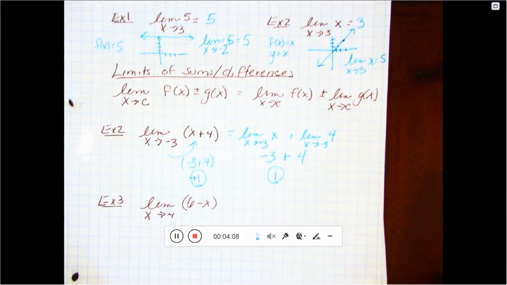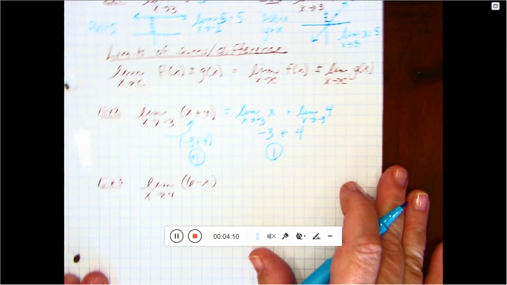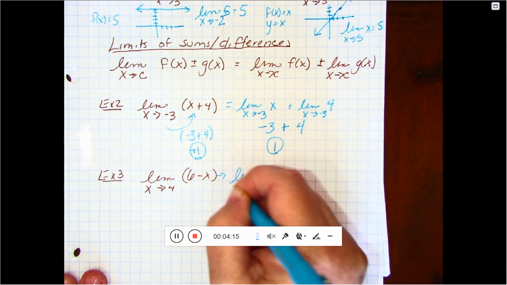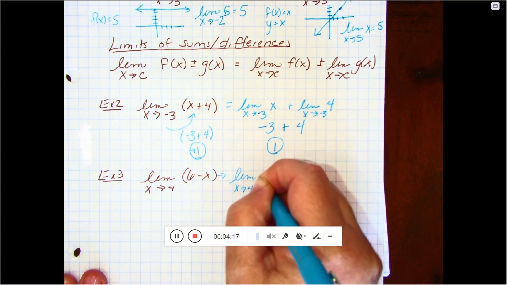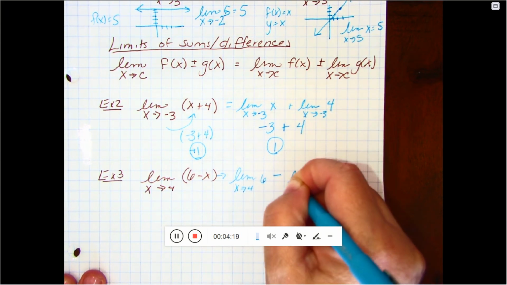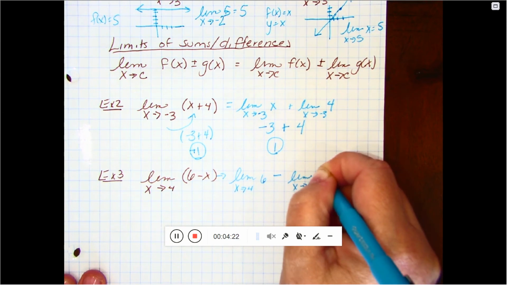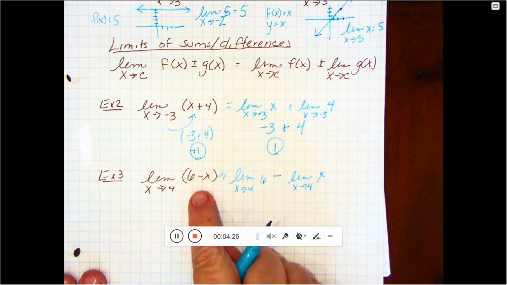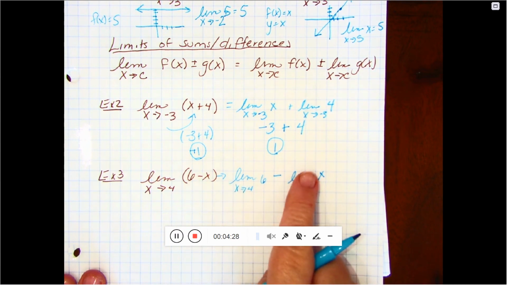Okay. So now the limit as x approaches 4 of 6 minus x would be equivalent to the limit as x approaches 4 of 6 minus the limit as x approaches 4 of x. It's a minus because that's minus.